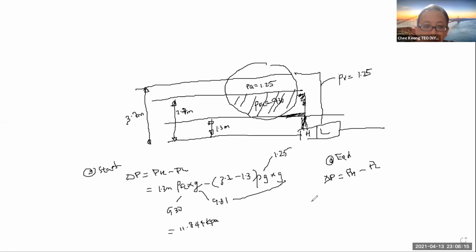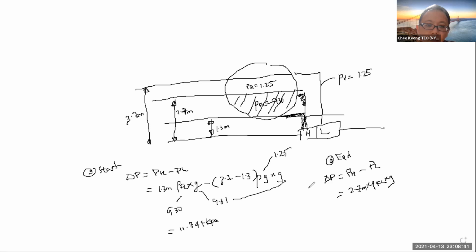Now the P high is slightly different. It is no longer 1.3, it has increased to 2.7 meter, multiplied by rho FL, the density of the fluid, times G. So this is your high pressure, but the low pressure leg will remain the same.